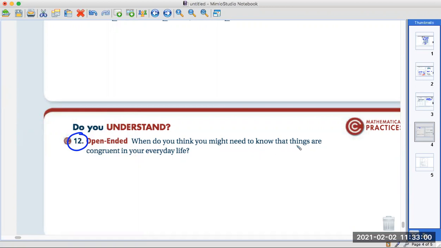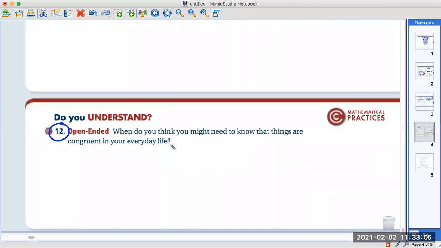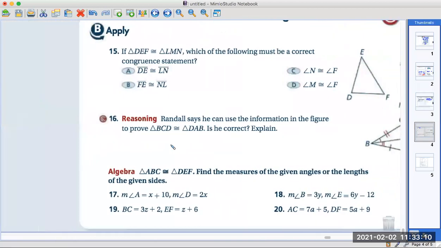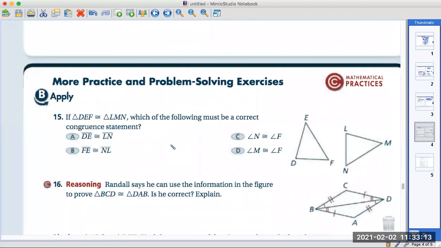When do you think you might need to know that things are congruent in your everyday life? I do not know what you're going to say. That's up to you. It's one of those questions that you can think about something totally that is concerning for you. Number 15 on page 127, you got to figure out which is the correct answer.